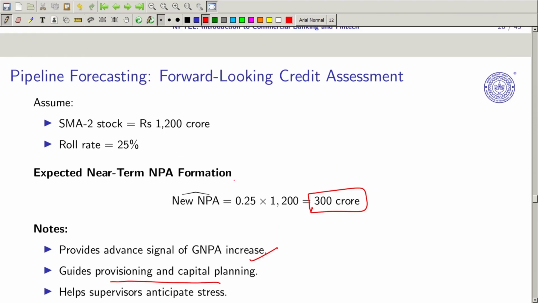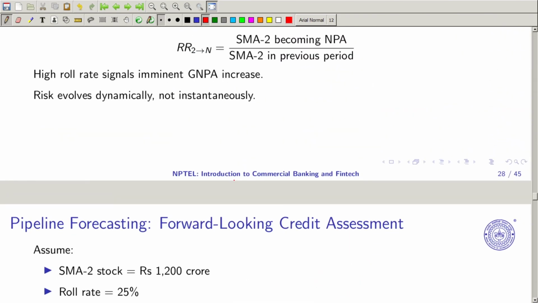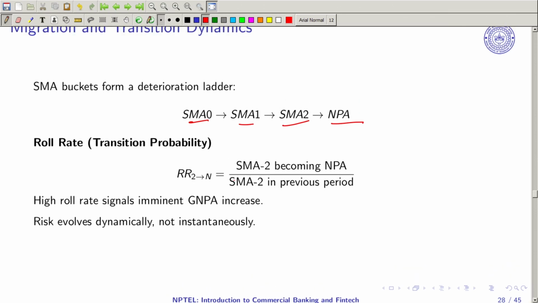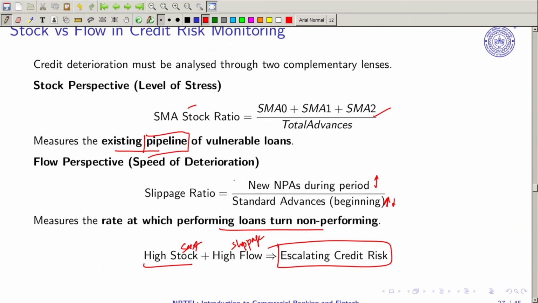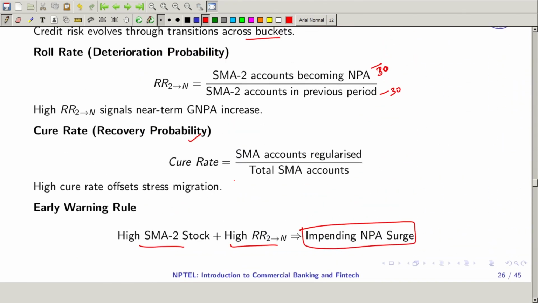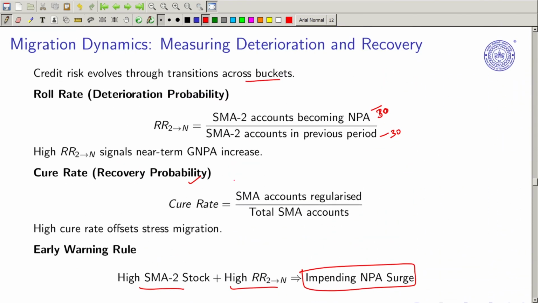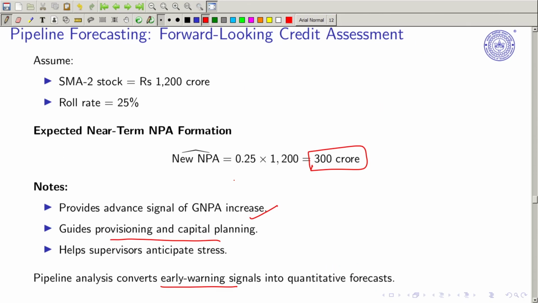With this, I think we are able to understand what we mean by credit risk at the micro level. The new thing we learned is that when we have SMA 2, you have more than 80% chance of it becoming NPA. The overall learning of this lecture has been: can we understand credit risk from the performance of advances, the micro-level management or monitoring?